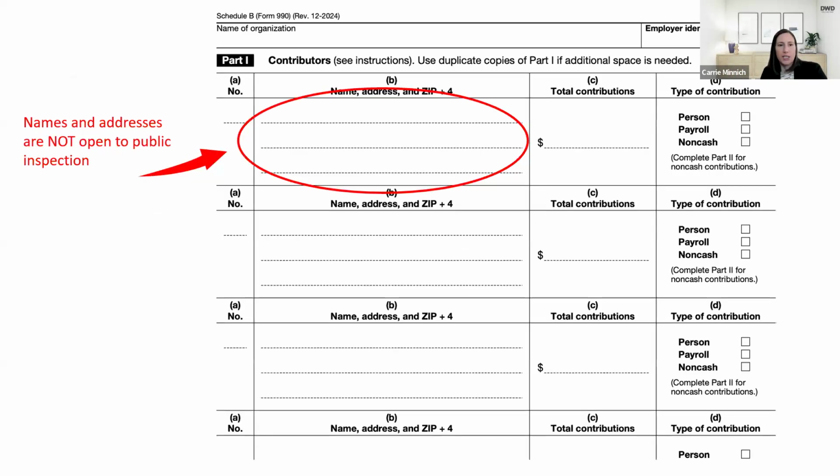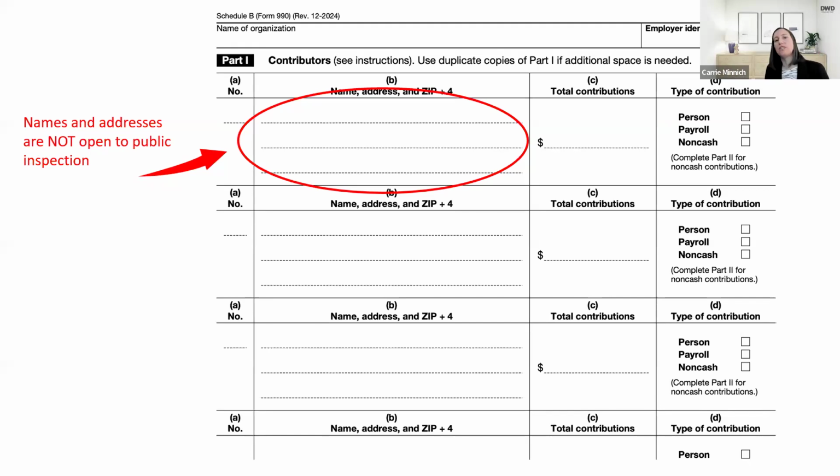So this is what the form looks like. It's basically just a list. So you're going to put the name and address here and then the total contributions. A couple things to note. The IRS does not like anonymous. They believe that if a nonprofit receives a contribution from someone, they should know who that comes from. So you can keep it anonymous from the public.